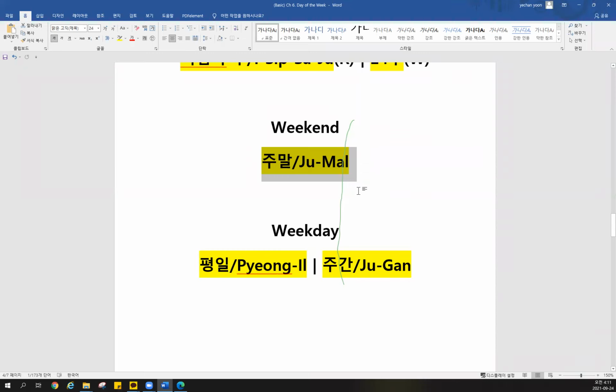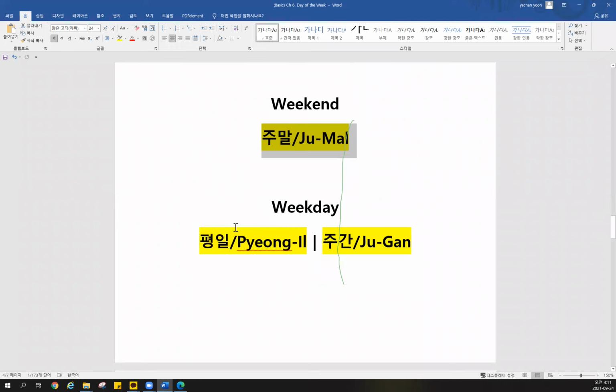All right. How about the weekday? We have 2 different versions, which are 평일 or 주간. All right. So what's the difference between 평일 and 주간? Both words can be used at the same time, but 평일 is usually used when we speak.